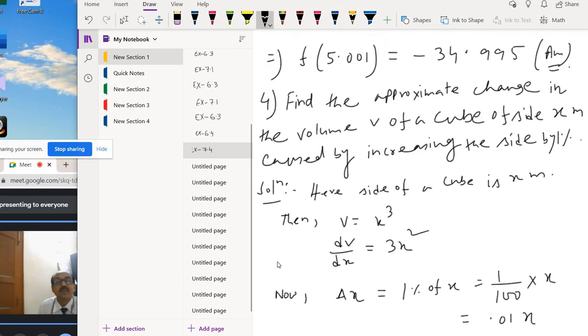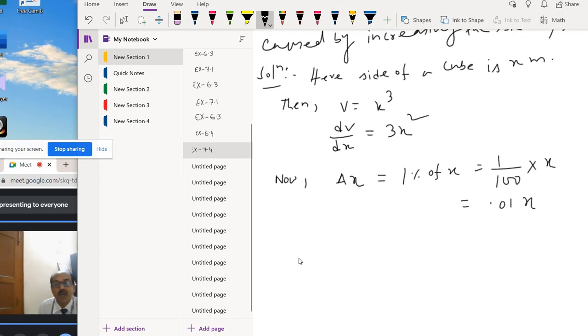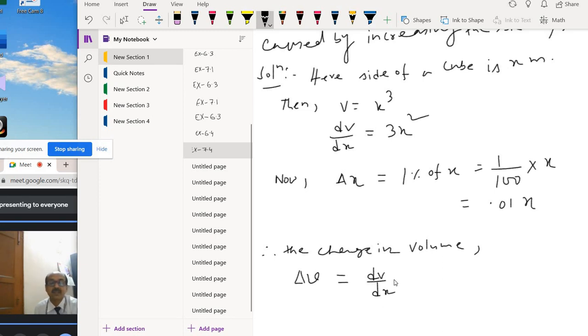Now, the question is to find the approximate change in the volume V. So the change in V is delta V. Delta V equals dV by dx into delta x.